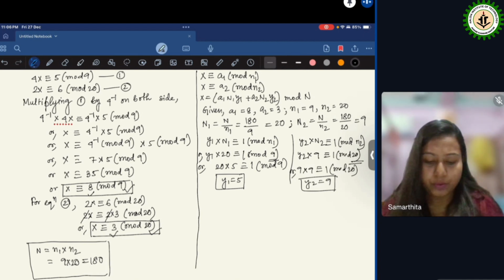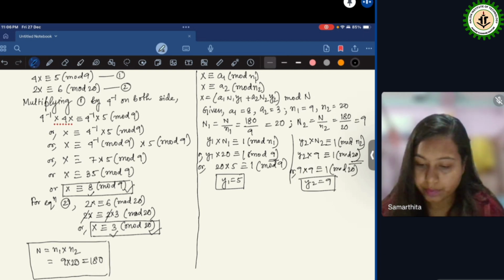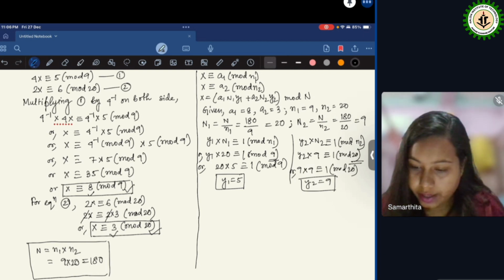Okay, so just put these values in this equation, this is number 3.